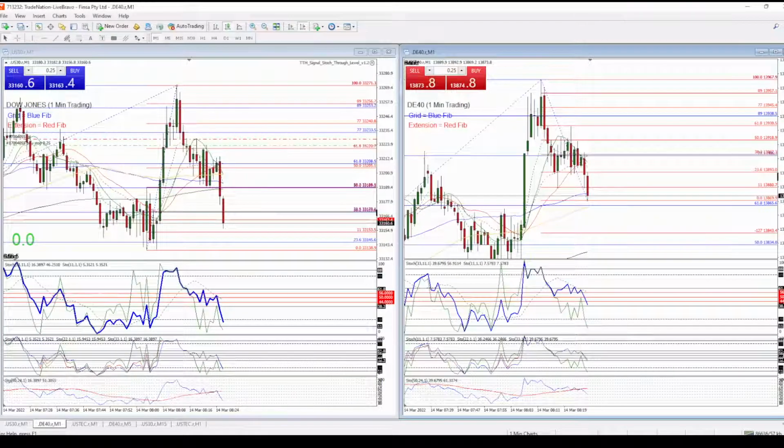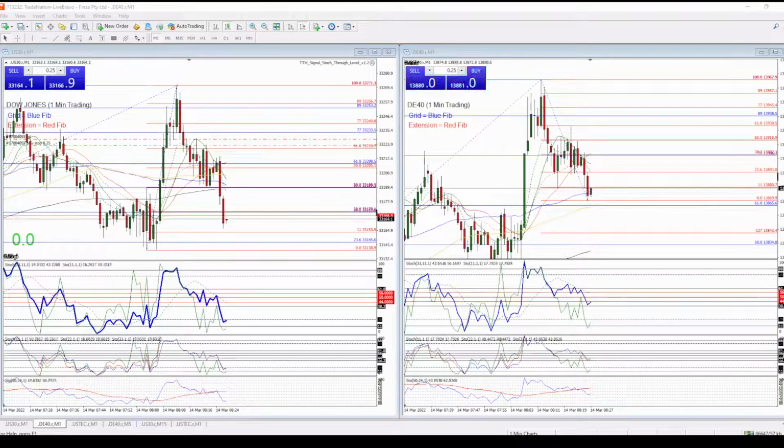Our 5 minute trend looks like it wants to change again. We'll just wait for this 5 minute candle to close. We have our opening range levels.